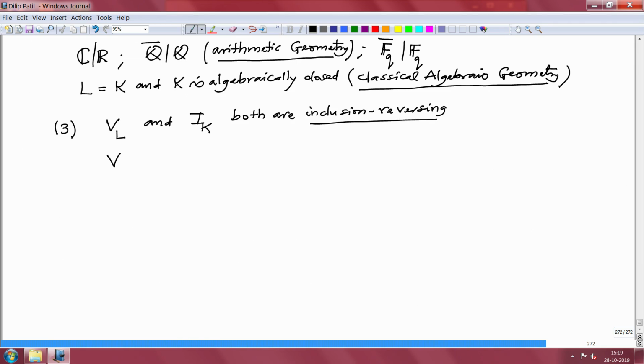That means V_L of a radical ideal A and V_L of a radical ideal B. So, if A is contained in B, then V_L of B is contained in V_L of A: smaller the ideal, bigger the V_L, because this is intersection over the smaller set and this is intersection over a bigger set.